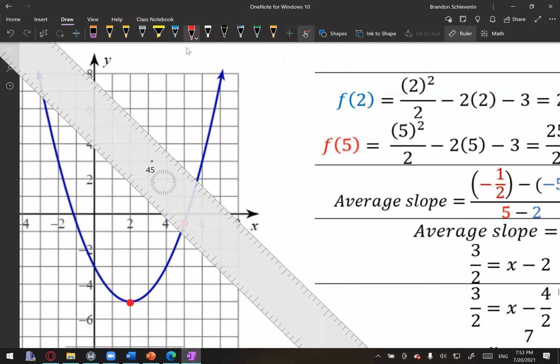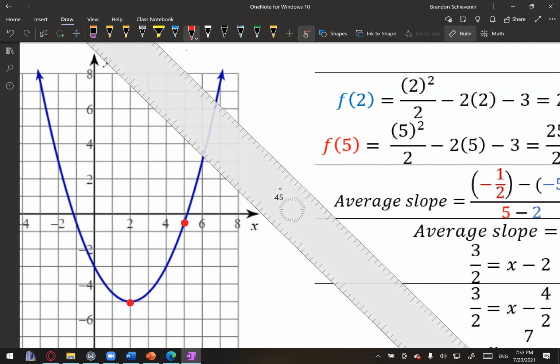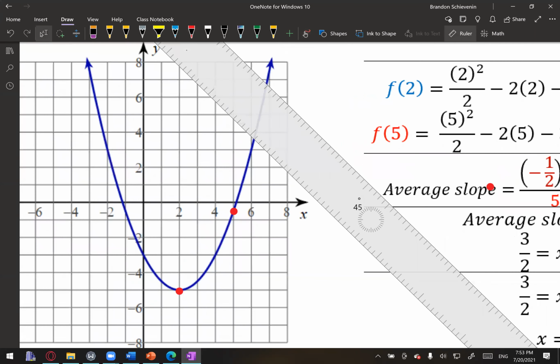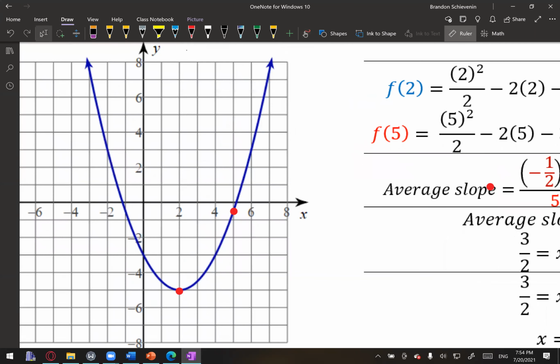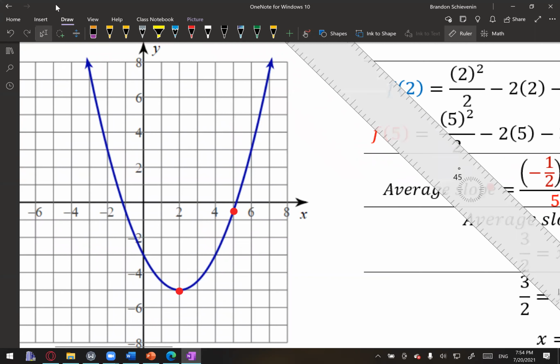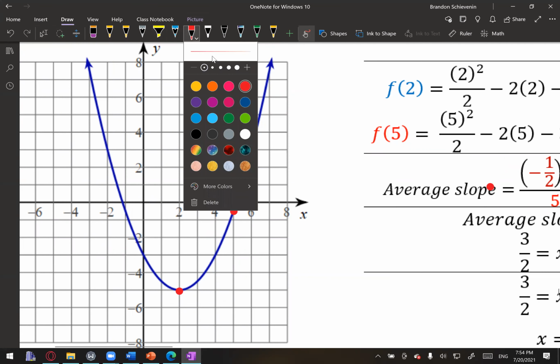So using a ruler, I lost the ability to change this apparently. Okay, I guess I can't use a ruler. I've got a line between these two. That will look like this.